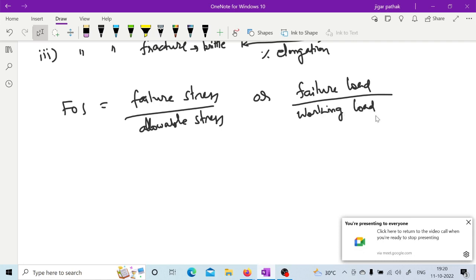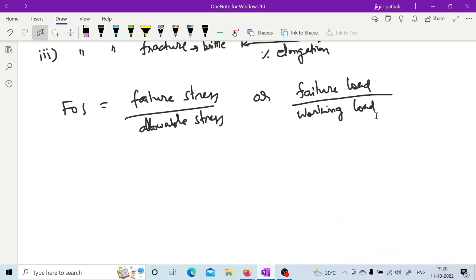Right. Now why is this factor of safety required? Because in designing any component, there is uncertainty in the magnitude of force acting on the designed component. There may be variation in the property of material, it may not be the same throughout, and there may be variation in the dimensions, it may not be exact with what dimension it needs to be manufactured. So because of all these things, we need to consider some factor of safety, right?